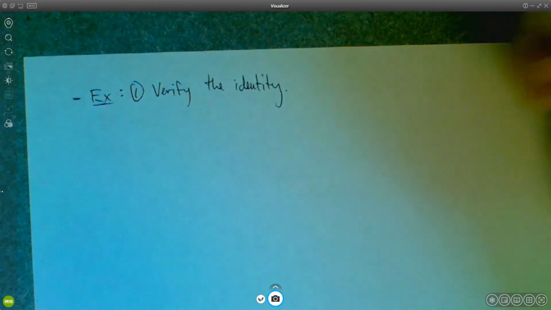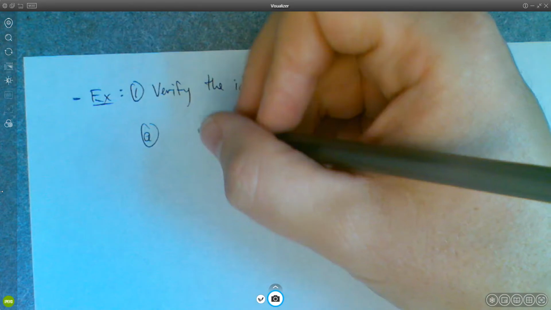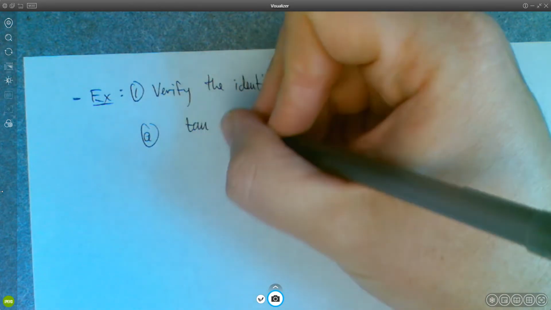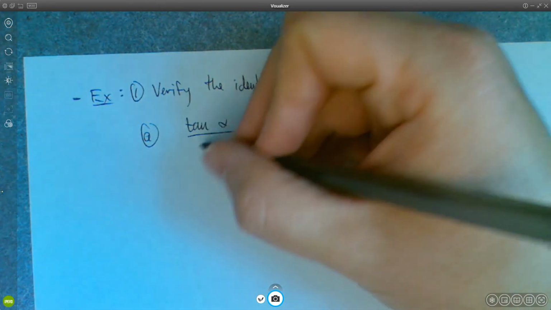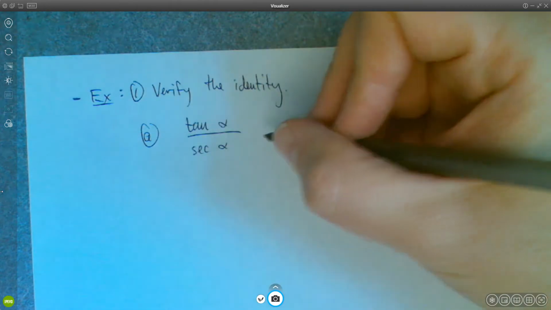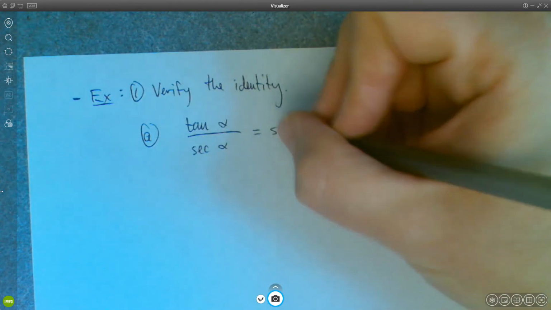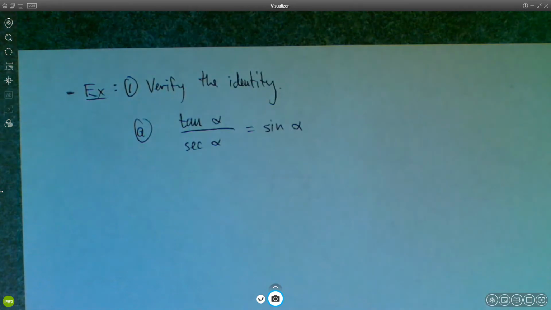Okay, so let's verify some identities. Let's do tangent alpha over secant alpha equals sine alpha. So I should say, before we get started, that we're not trying to solve this equation.